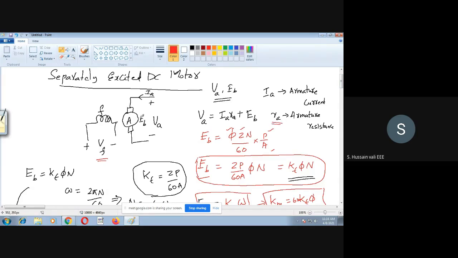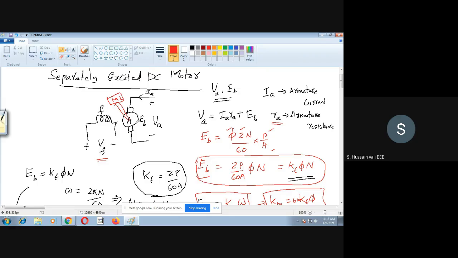Now this is the motor. This armature is coupled somewhere, which I didn't draw. Now I'm going to draw that. This armature is coupled to some load, the mechanical load, ML. The torque production in this armature will drive this mechanical load.